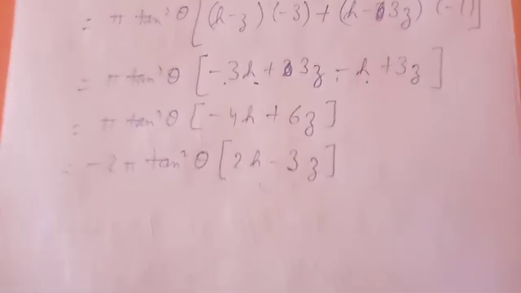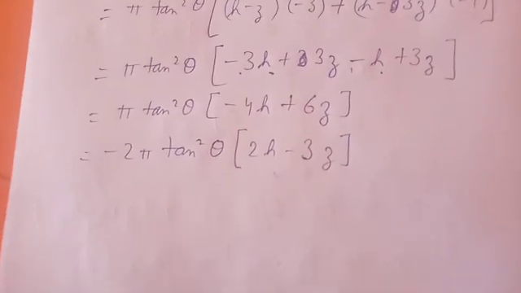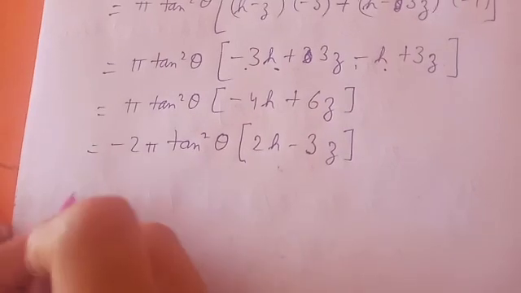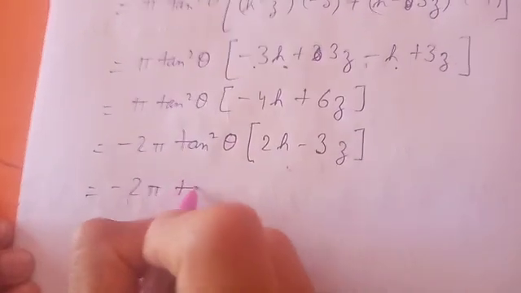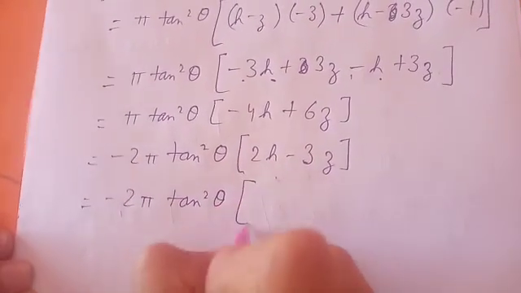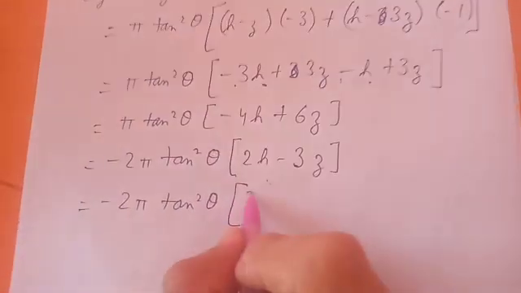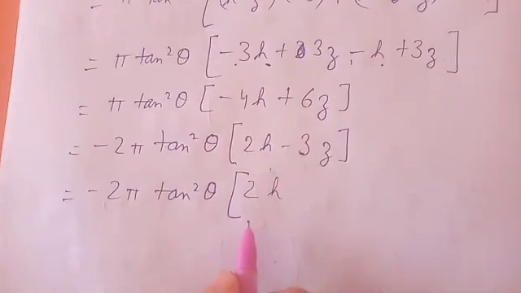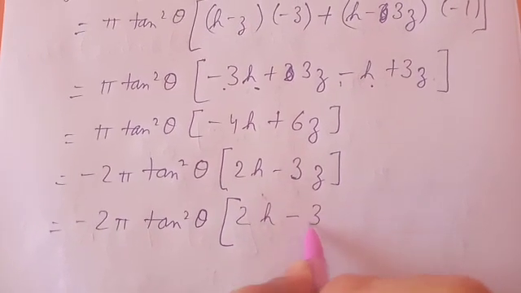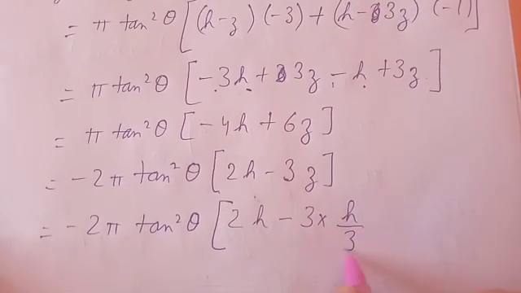Okay, now we know the value of z that we can put here, so we get minus 2 pi tangent square theta (2h minus 3 into h by 3).